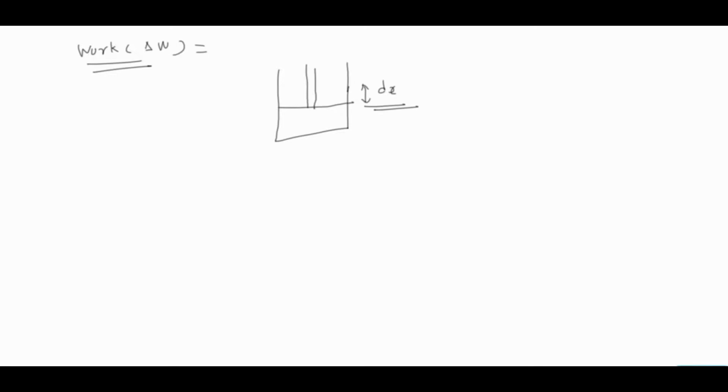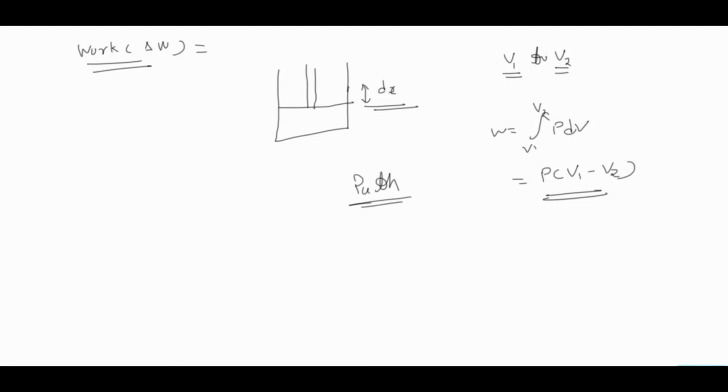Let's suppose that volume is going to change from V1 to V2. V1 is initial volume, V2 is final volume. So the amount of work done, W, is equal to the integration from V1 to V2 of P dV. That means you can say P times (V2 minus V1). Okay, this is also a path function. This is important to notice. That means it depends on the path also.